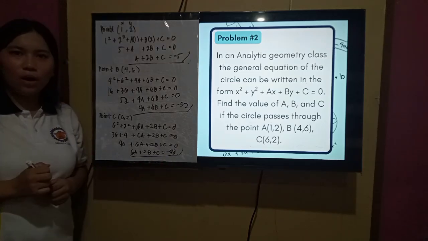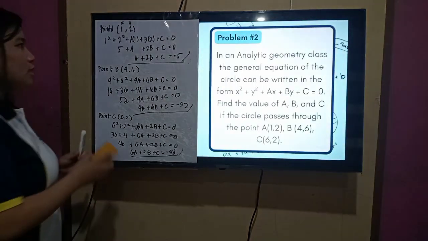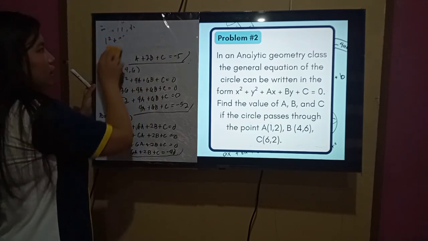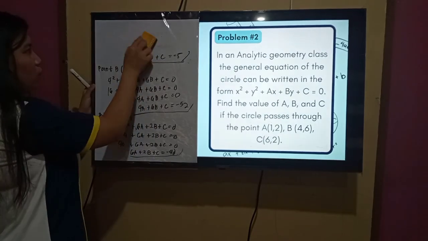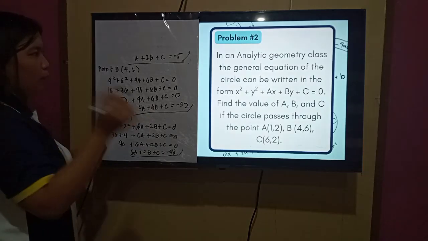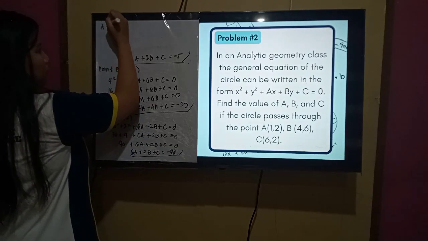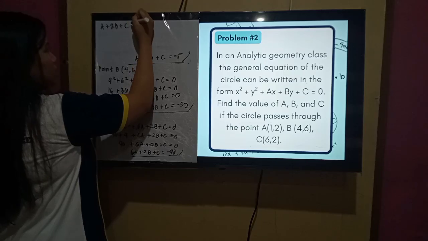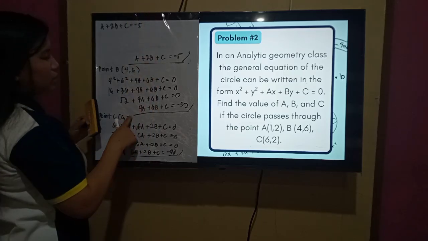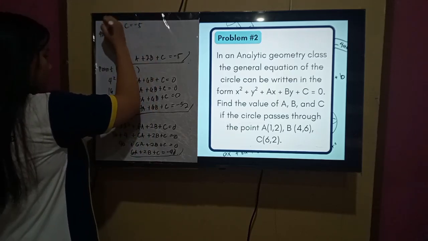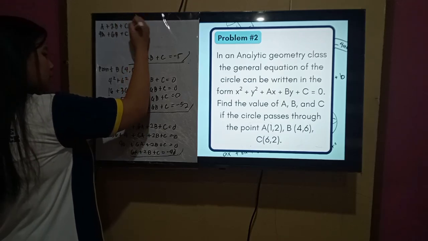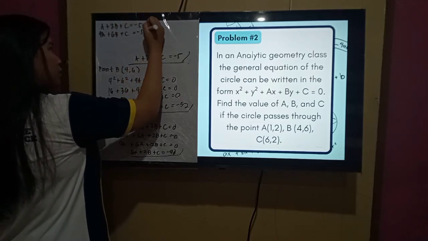And now, we're ready to solve for the system of linear equation. We're just going to rewrite the three equations na nakuha natin from the points. So, we have a plus 2b plus c is equals to negative 5. And then yung second equation natin is 4a plus 6b plus c is equals to negative 52.